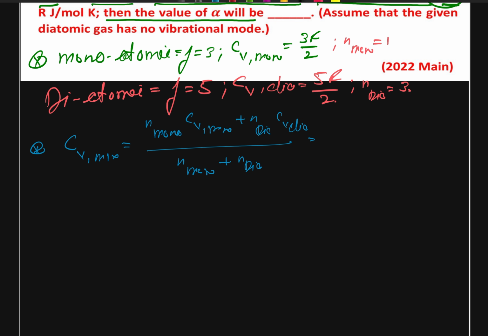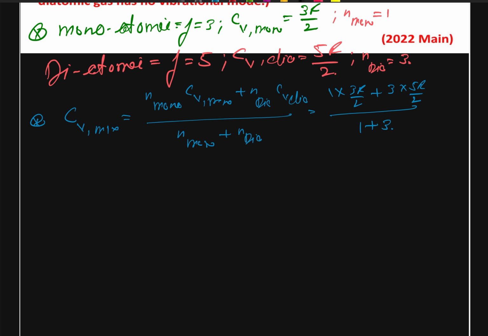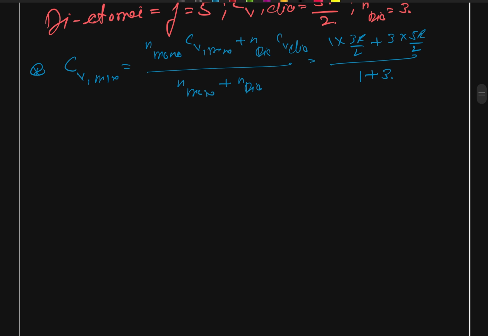This comes as 1 into 3R by 2 plus 3 multiplied by 5R by 2, divided by 1 plus 3. And this will be coming as 15 plus 18, and 18 by 2 giving us 9. 9 by 6 will be giving us, 9 by 4, not 9 by 6. So we get our C of mix will be equal to 9R by 4.